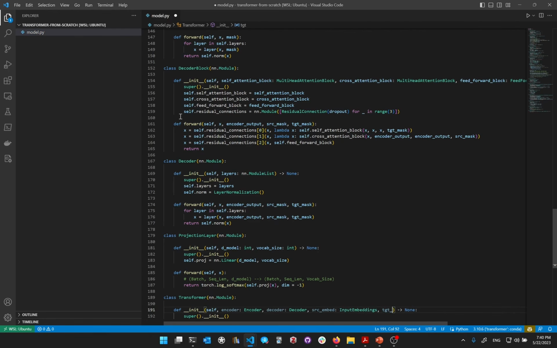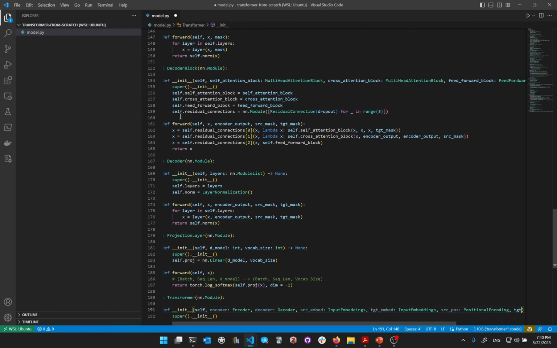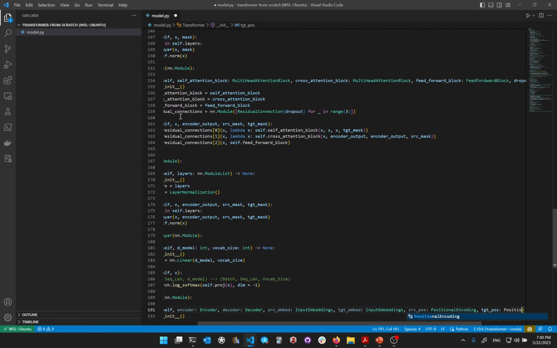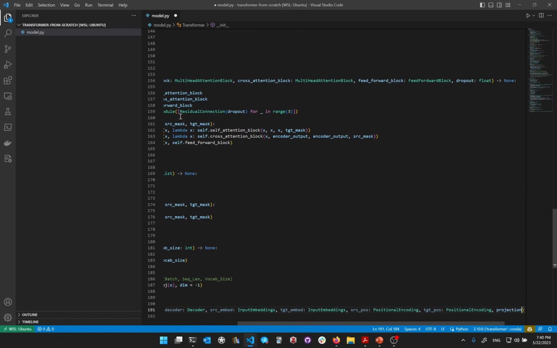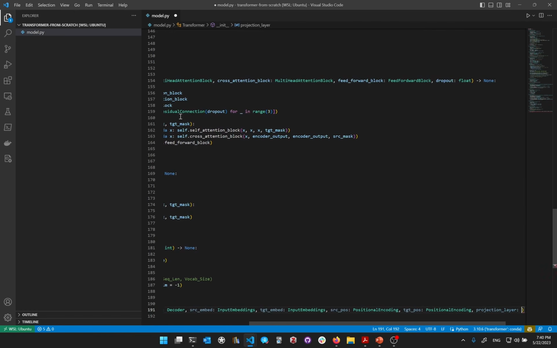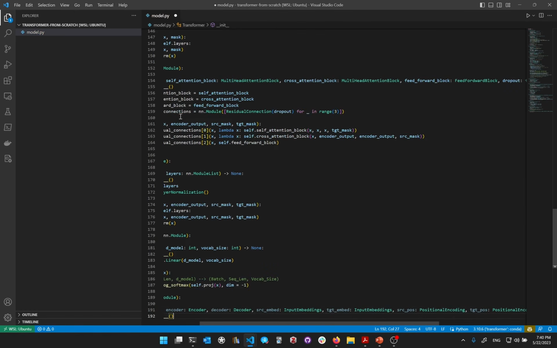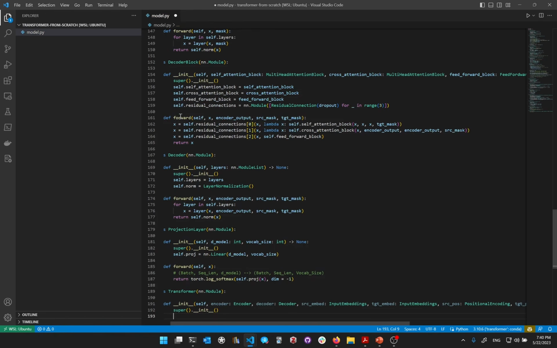And we have the target embedding. Then we have the source position and the target position, which will be the same actually. And then we have the projection layer. We just save this.